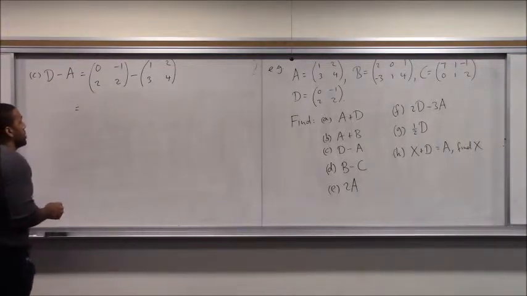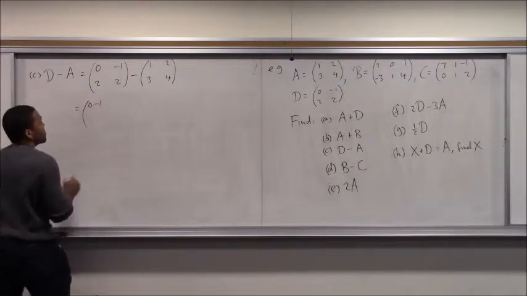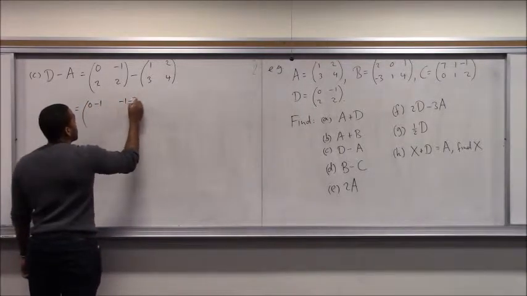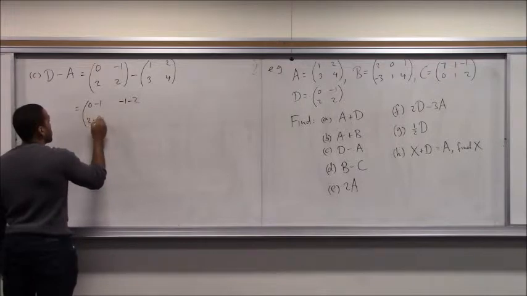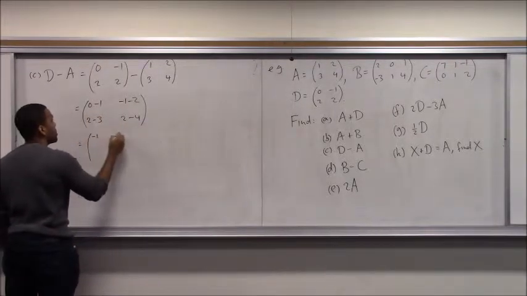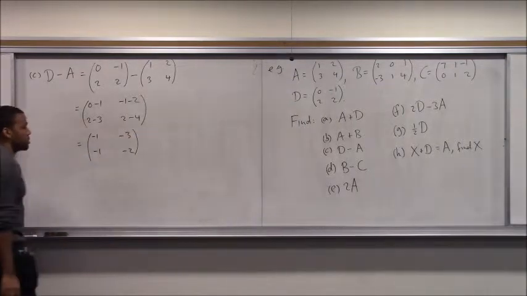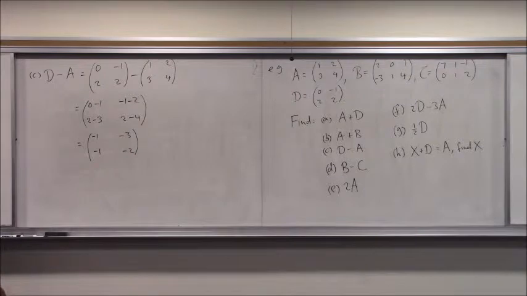Okay, so what is this going to be? It'll be 0 minus 1, negative 1 minus 2, 2 minus 3, 2 minus 4. Right, subtract corresponding components. So it'll be negative 1, negative 3, negative 1, negative 2. You get that?